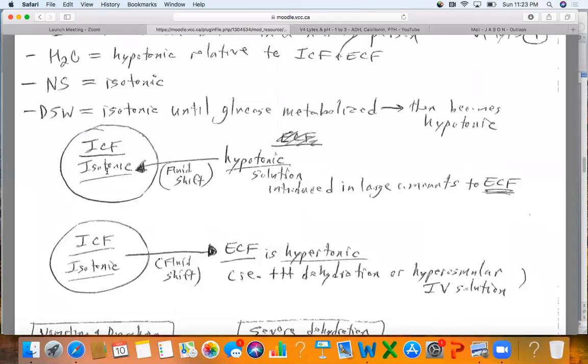Oncotic pull is the one with the greater number of solutes per milliequivalent. Which one has that out of these two? The isotonic has more solutes per milliequivalent, so it draws in the hypotonic fluid. So we would have water leaving the blood vessels, moving into cells, causing cells to swell.